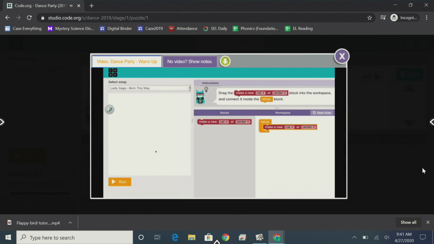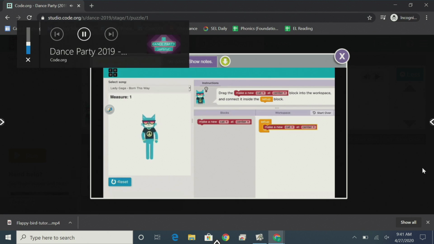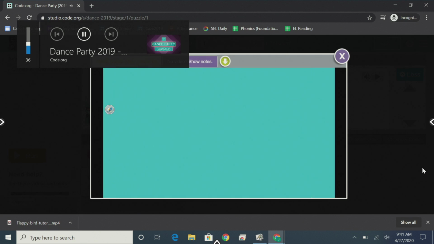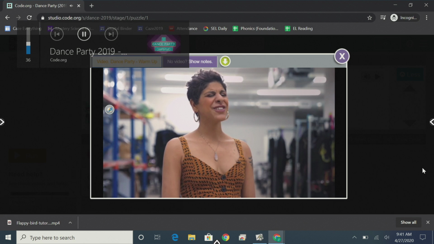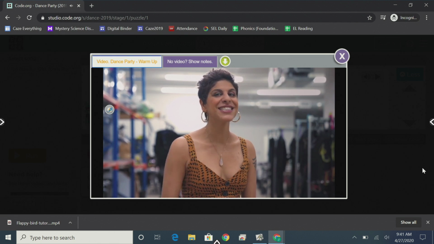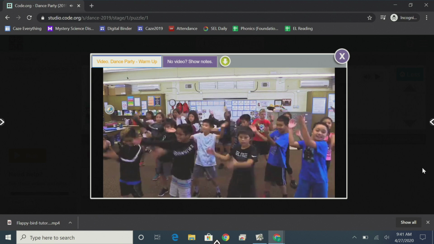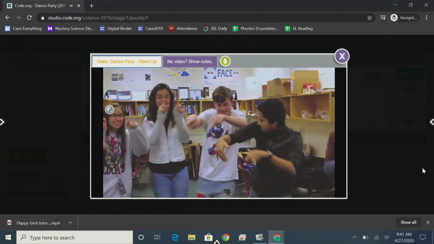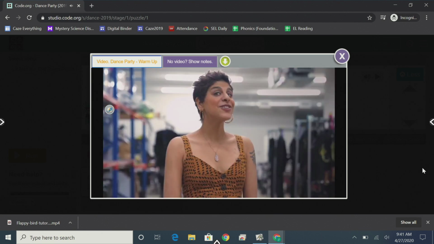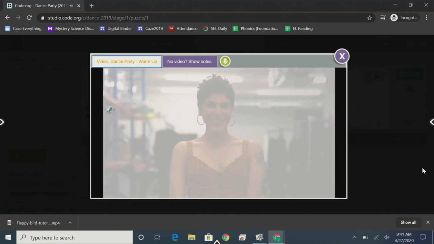Under the play space is the run button. When you press run, you'll see the dancers from your program appear in the play space and the music will play. Try it yourself. And if you're feeling stuck, it's okay. Just get up and get moving. And before you know it, you'll have made your own dance party. So, what will you create?